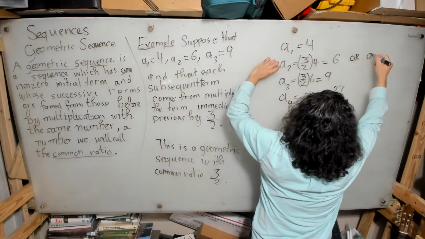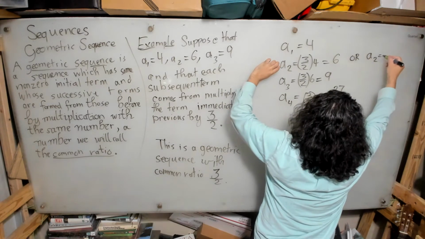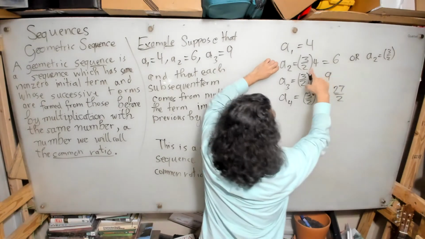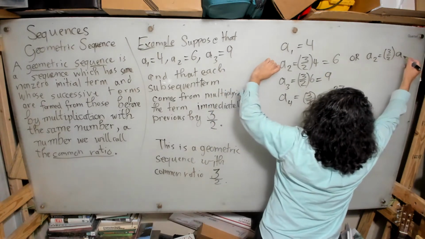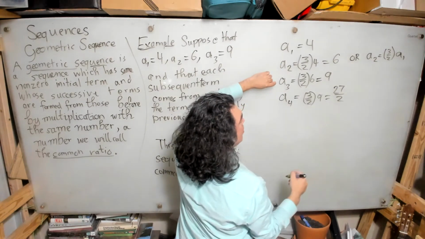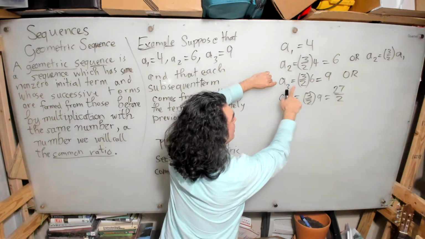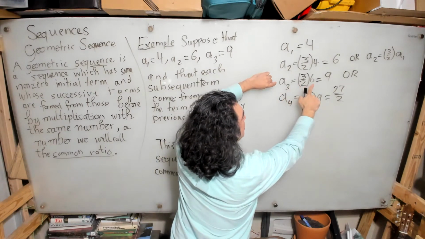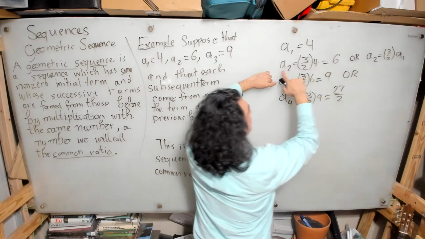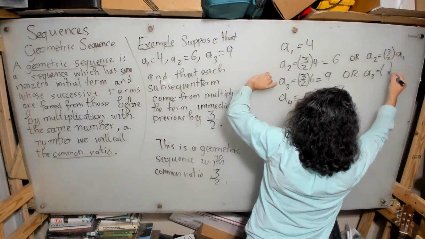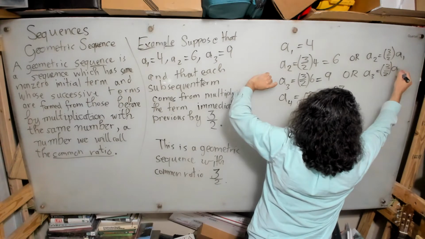In this case A2 was equal to 3 halves times A1. Look at A3: A3 is equal to 3 halves times 6. What is 6? That's A2. So A3 is equal to 3 halves times A2.